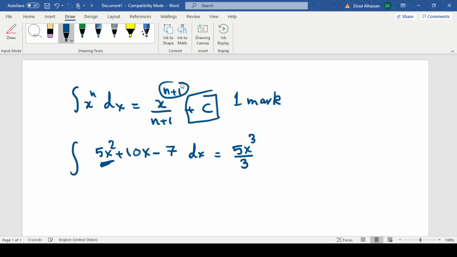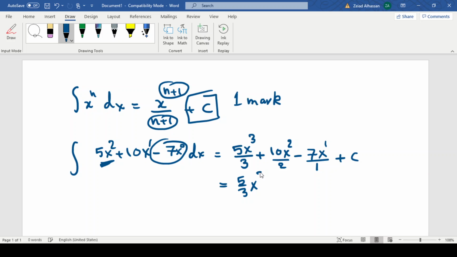When I say negative 7, that's x power 0, so it becomes minus 7 x power 1 over 1 plus c, which means the overall solution is 5 over 3 x power 3 plus 5x squared minus 7x plus c.